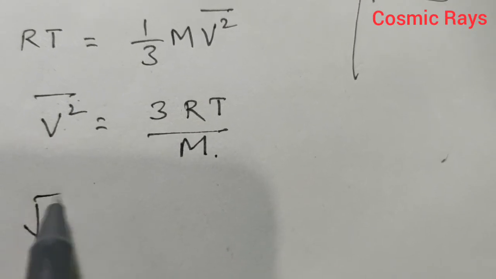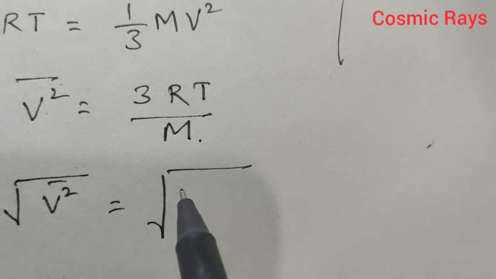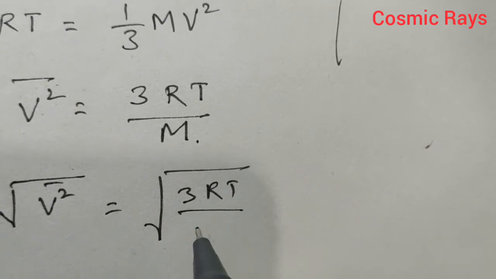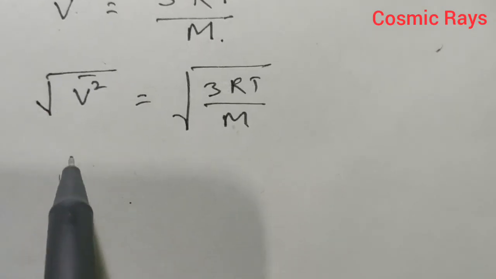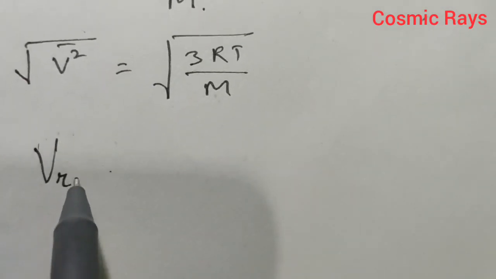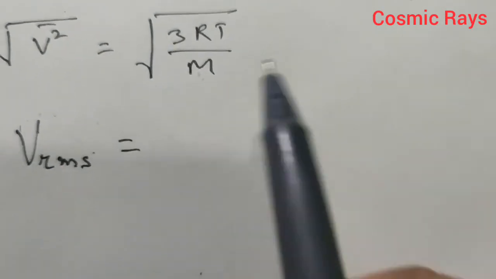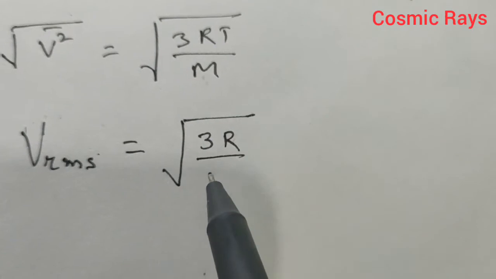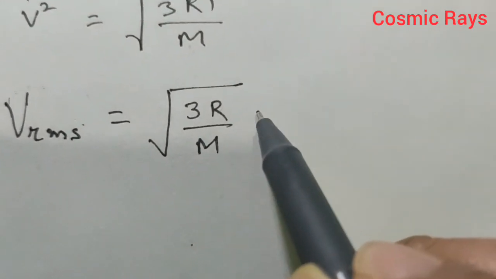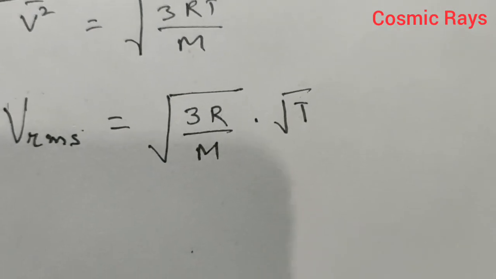Since this is the value of v square, we have to take the square root. So v root mean square speed is equal to root over 3R upon M, and let us write root T separately. Why?